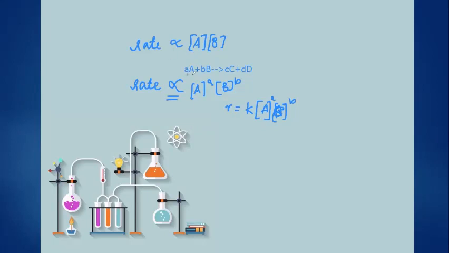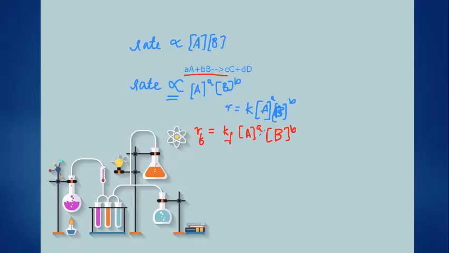So now when we consider this equation itself, the rate of forward reaction, we can say, is equal to Kf, denoting the constant for the forward reaction, and the product of the reactants raised to its stoichiometric coefficient.